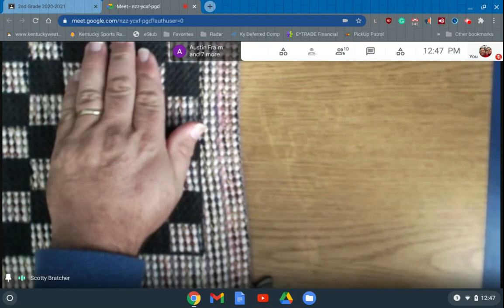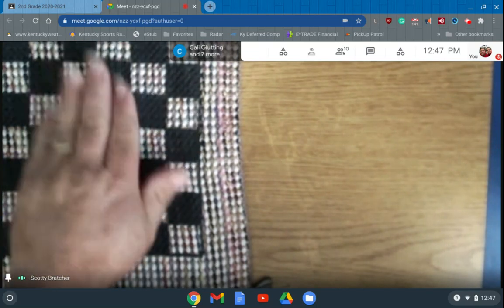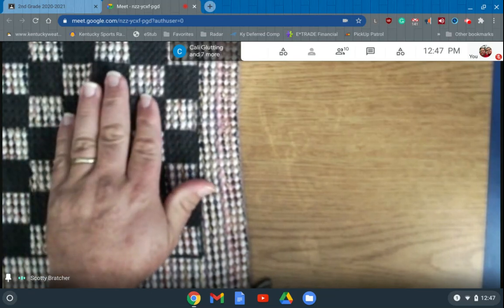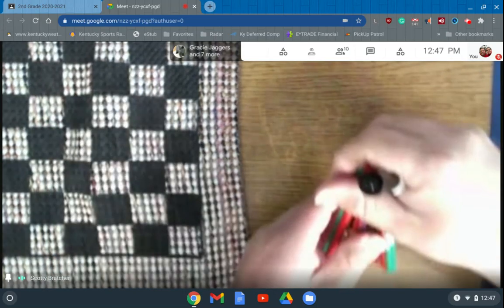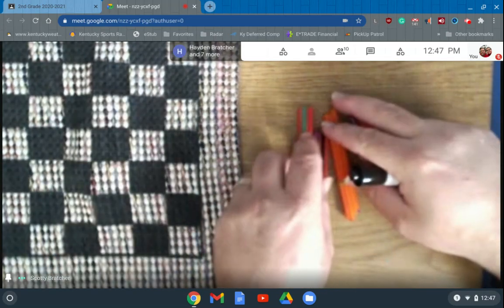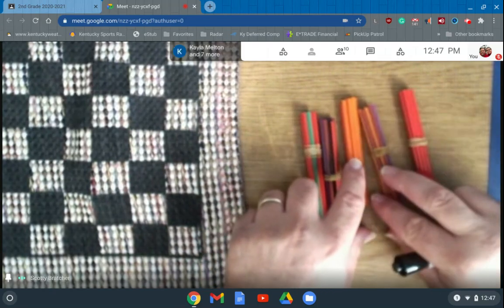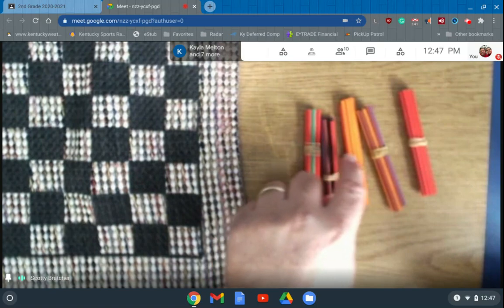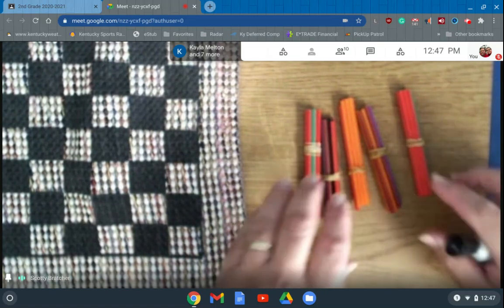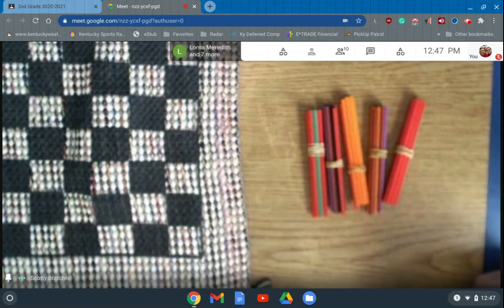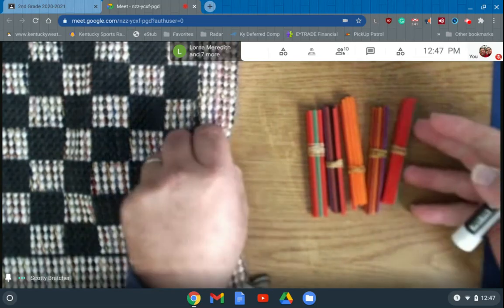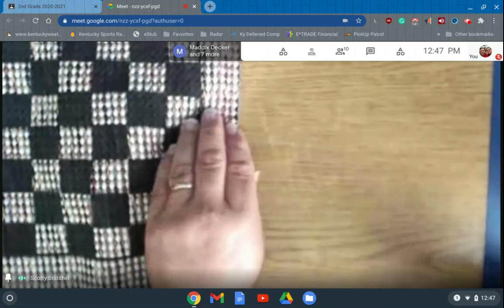Think about it in your mind. I just showed you what it was. Think about what it looks like, how many tens there are. And I'm going to add this group right here. Oh my goodness, that's a bunch of them. I'm going to add 1, 2, 3, 4, 5 tens. And I'm going to slide them under there.